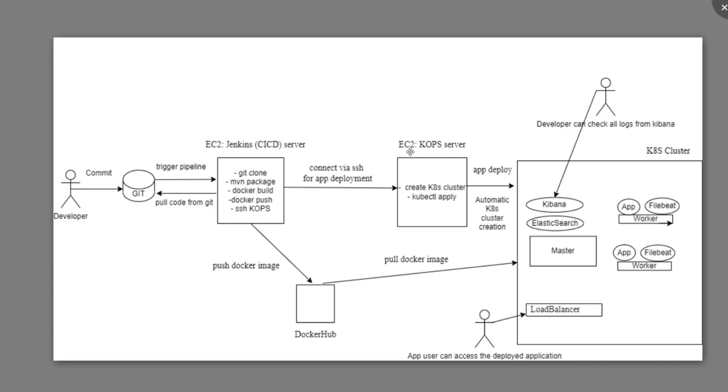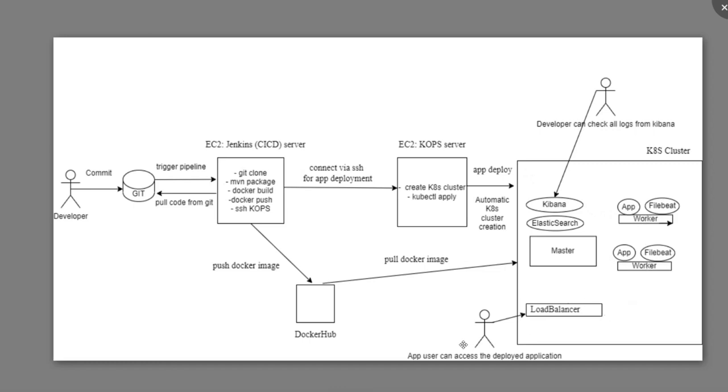For this, we took an EC2 instance, and in that instance we installed k8s software, kubectl, and AWS CLI, and from the k8s server we created a Kubernetes cluster. For our case we took two worker machines and one master machine.